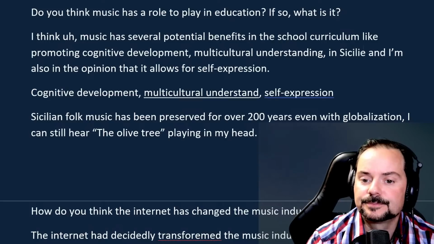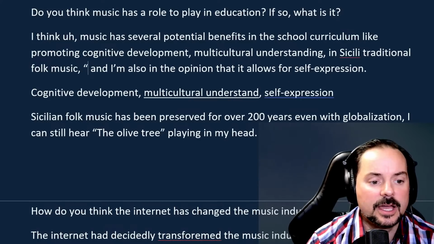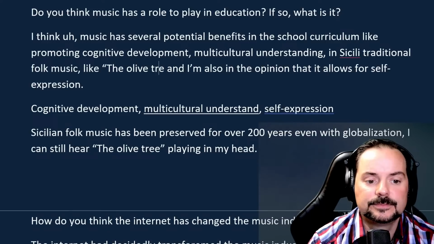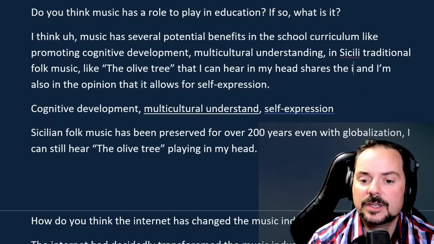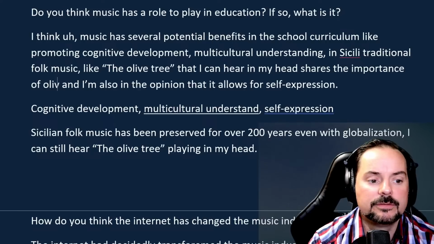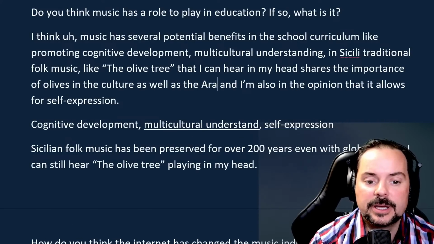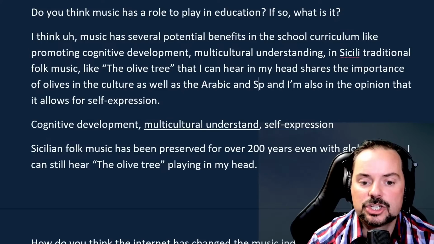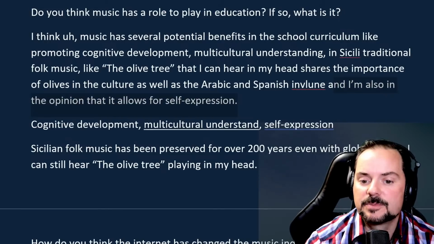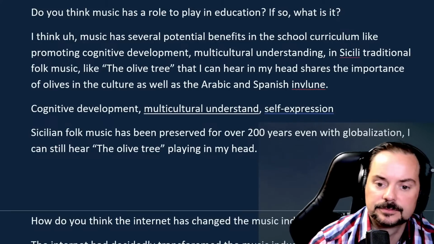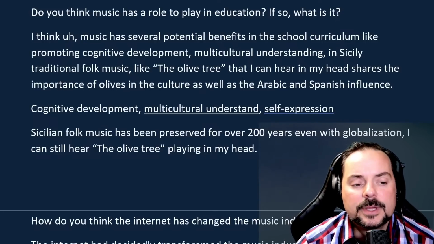In Sicily, the traditional folk music, like the olive tree that I can hear in my head, shares the importance of olives in the culture, as well as the Arabic and, did you say Spanish? Yes. Influence, okay? And we can even take out this last part, the opinion of self-expression. Basically, Sicily was colonized by Arabs and Spanish.